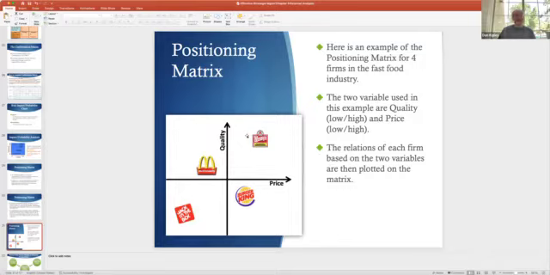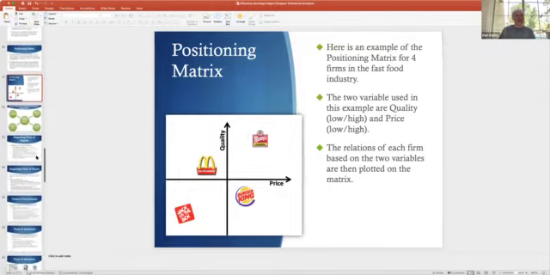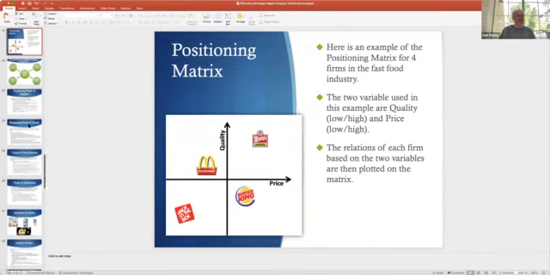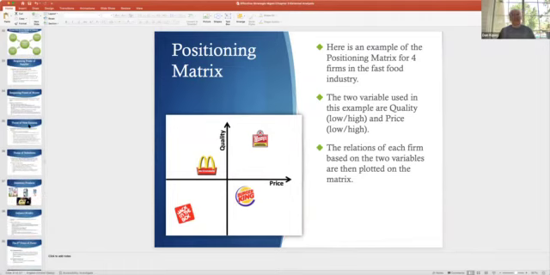All right. Moving on, guys. We are going to take a look at 5 forces analysis. Now, this was identified by Michael Porter.